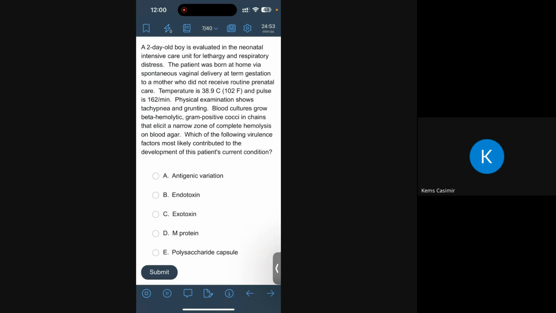Temperature is 102, pulse is 162. Physical examination: tachypnea. Beta-hemolytic gram-positive cocci in chains that elicit a narrow zone of complete hemolysis on blood agar. Okay, which of the following virulence factors is going to be responsible for the development of this patient's condition?